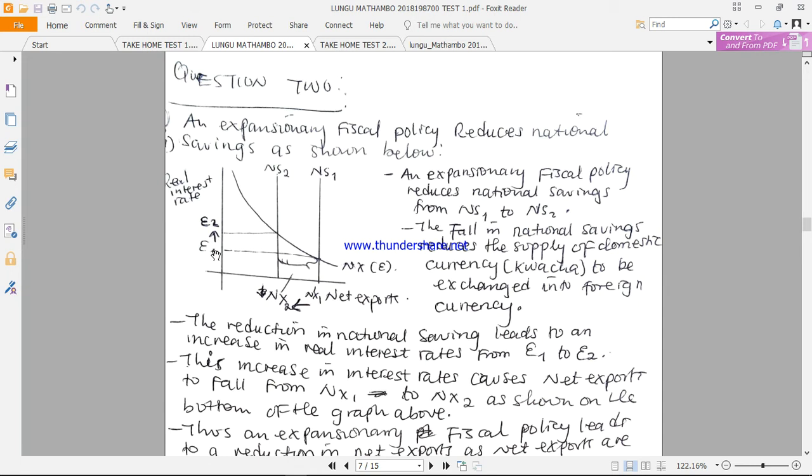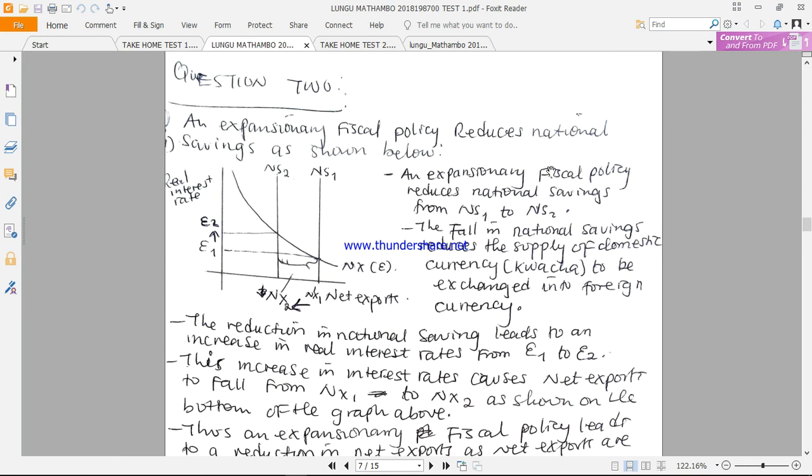Why? Because the cost of getting kwacha has increased, since this good has become low in supply. So we expect the price of this good to increase. That's the intuition. An expansionary fiscal policy is going to reduce national savings, as shown here.